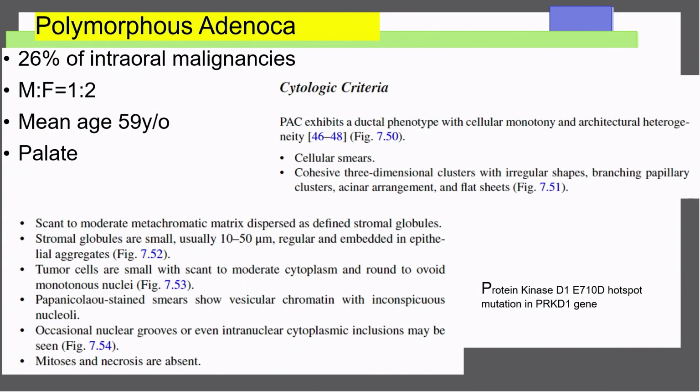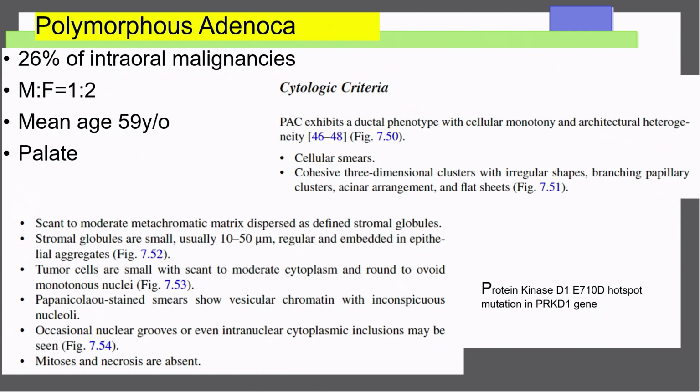Another tricky entity in this group is polymorphous adenocarcinoma, 26% of intraoral malignancy, with a slight female prevalence, mean age, mostly in the palate. It is defined by a uniform cellularity and a very heterogeneous architectural pattern.